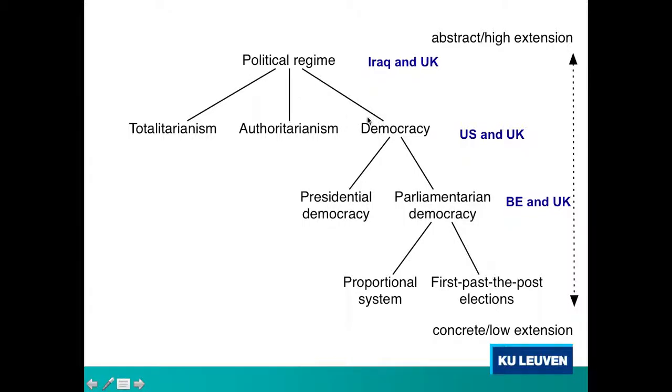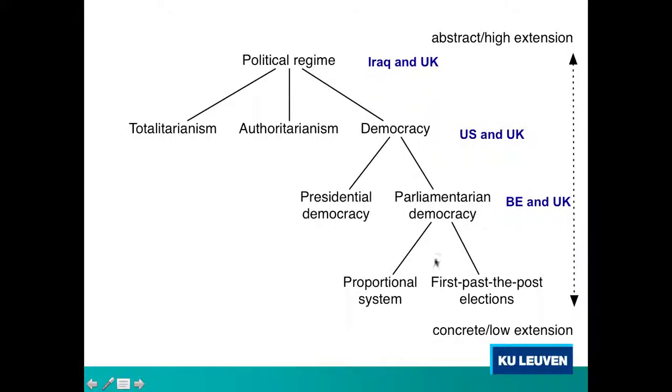So you can go one step down. You can go toward democracy. But democracy encompasses two subtypes, presidential democracy and parliamentarian democracy. Since both of these countries are parliamentarian democracies, this seems the right conceptual category to study these two cases, right?